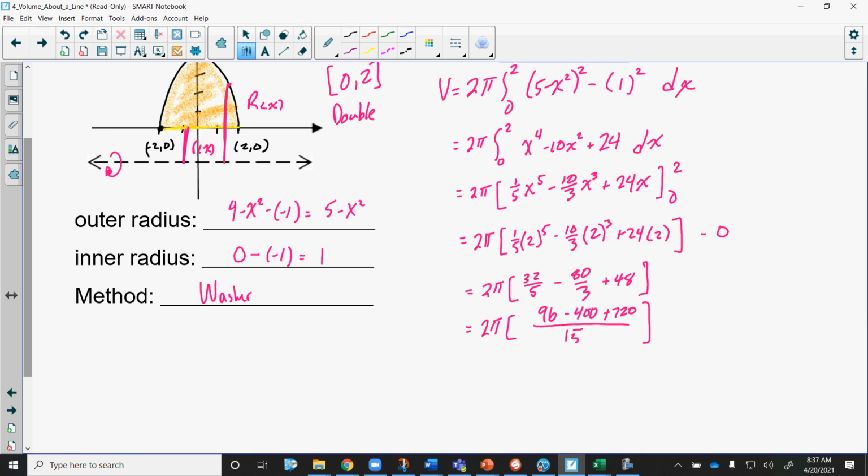And adding all of those numbers up, we get 2 pi times 416 over 15, which works out to be 832 pi over 15.